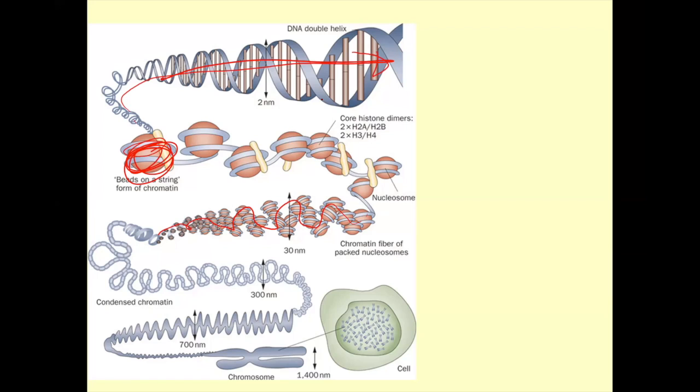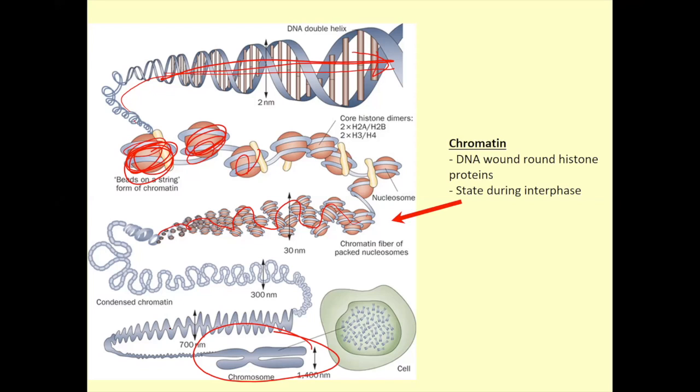So in normal non-cell dividing times, there's just going to be long strands of DNA in the nucleus. Once it comes to cell division time, we're going to wrap the DNA around these histones. Histones are going to be folded up, and we're going to end up with this, a chromosome. This is only visible in mitosis or meiosis, folks. And DNA wound around a histone is called chromatin.